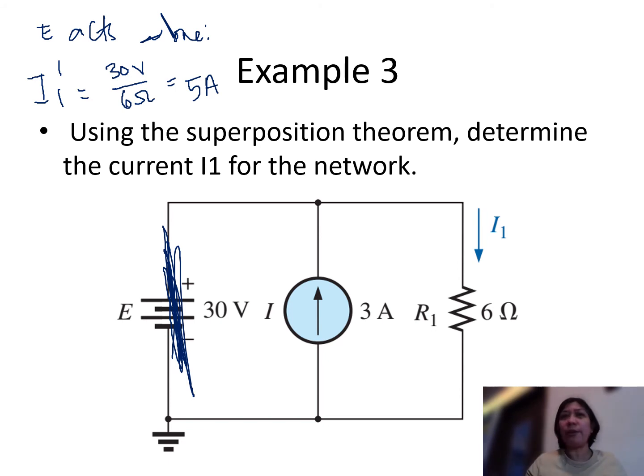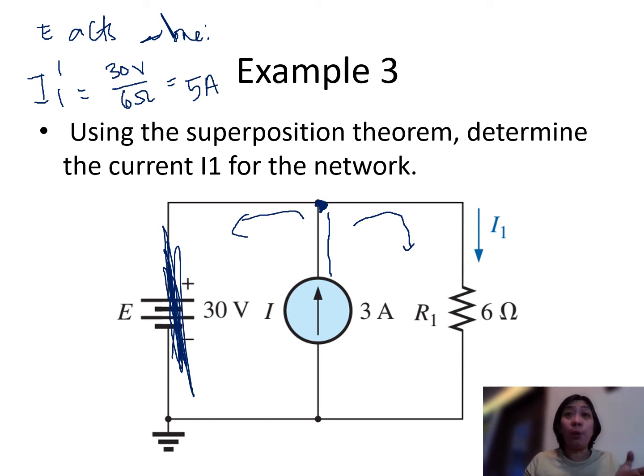If you are the current, this current will separate. They will split at this node. One will go here and the other one will go here. Imagine that you are the current. You have a resistance here which will oppose the flow of that current, and you have a short circuit here. Where will you flow?